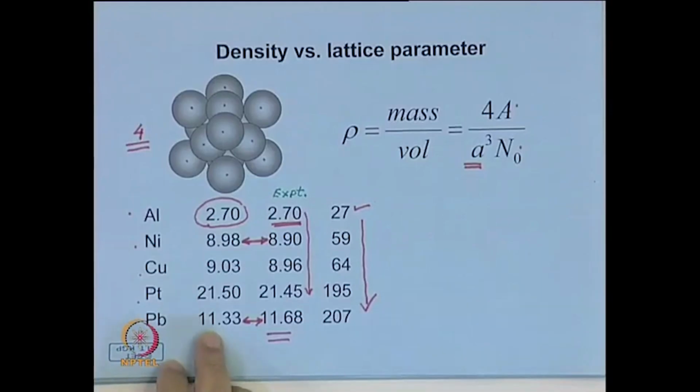We made an assumption that these atoms are hard spheres, and their dimension cannot change, even when packing. Secondly, we also assumed that all the sites are occupied by atoms. So, some of these assumptions you try and examine, and you will get an answer why in case of lead there is such a large difference.